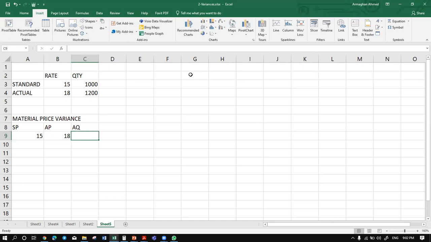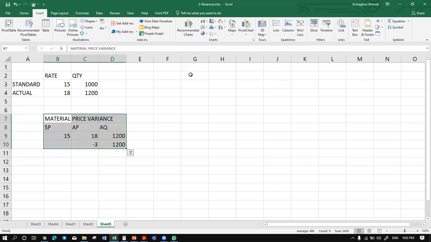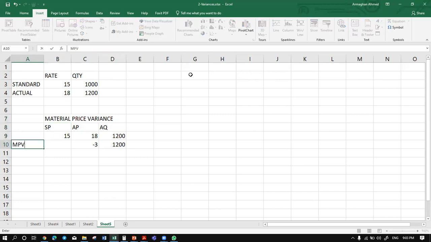Actual quantity 1200. So standard minus actual will be how much? Minus 3, sir. Actual quantity is 1200. So what will be the material variance then? 3600 minus.